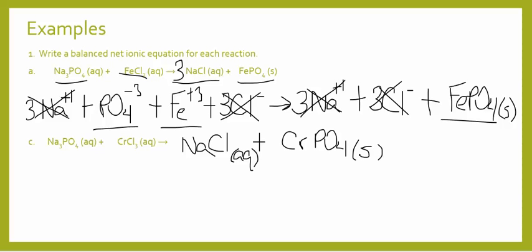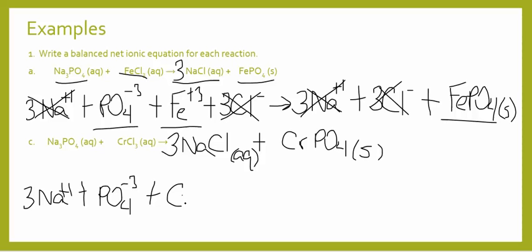I've got the products. I need to balance it before I continue. So balance it with a coefficient of 3, and then we're going to write the complete ionic equation. If it's aqueous, break it apart into ions. So Na3PO4 is aqueous. And again, write the charges if it's aqueous, +1, -3.